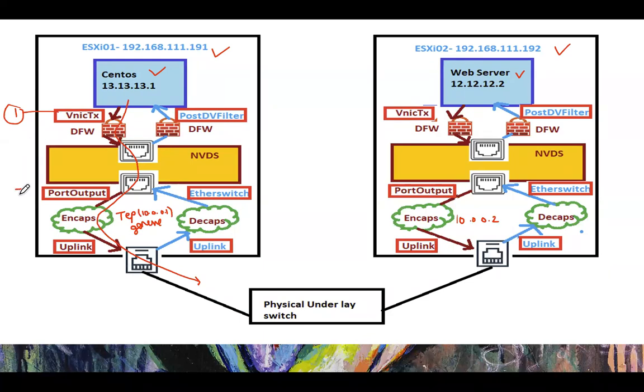The second capture opportunity is where the traffic has already come out of the NSX engine, that is, after the distributed firewall and the NSX virtual distributed switch. Capture points 1 and 2 are extremely important, guys, because if you see traffic in a packet capture at point 1 and don't see it at point 2, it is evident that something is not right at either the DFW or the NSX virtual distributed switch.